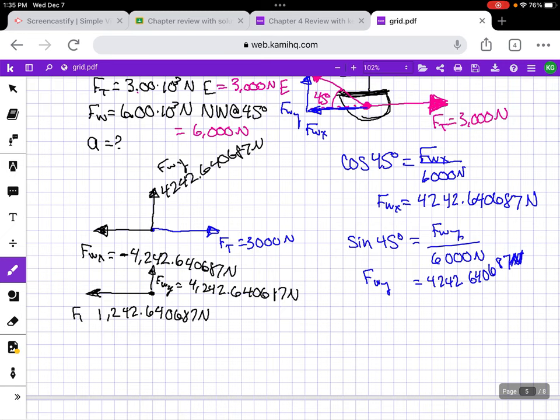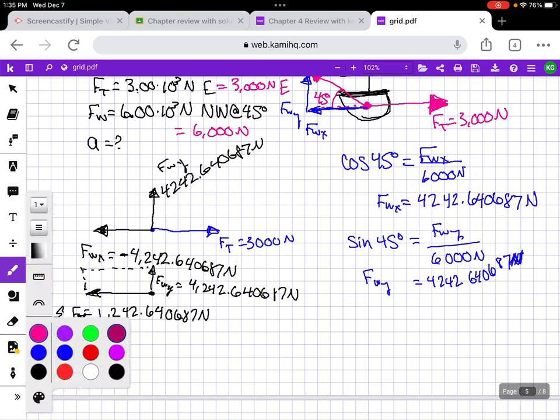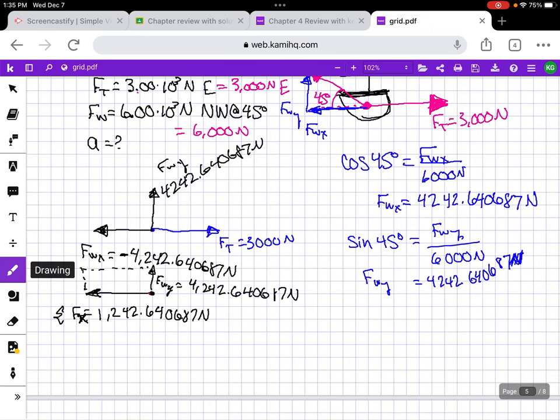Well, we'll call this the net force in the x. Alright. We have the summation of the force, and we've got this. So what we're going to do is we're going to add these vectors together. I've already got them set up tail to tail, so I'm going to just show you parallelogram method, because you can hopefully at this point remember that we're just going to use the Pythagorean theorem and find this resultant angle.